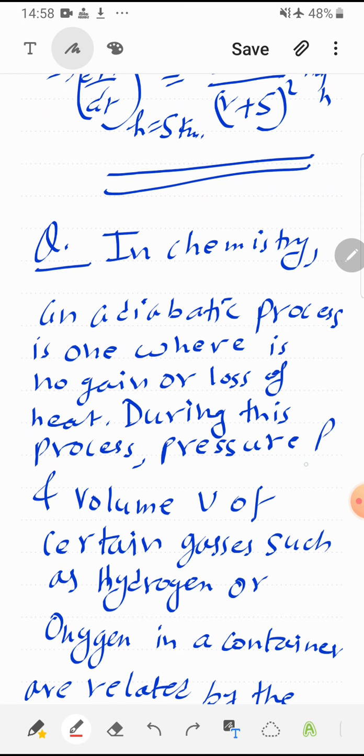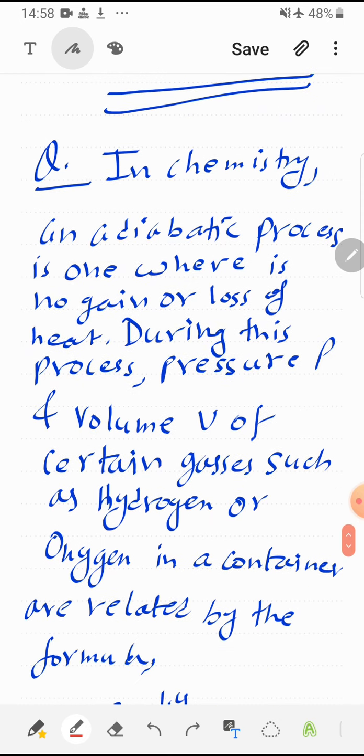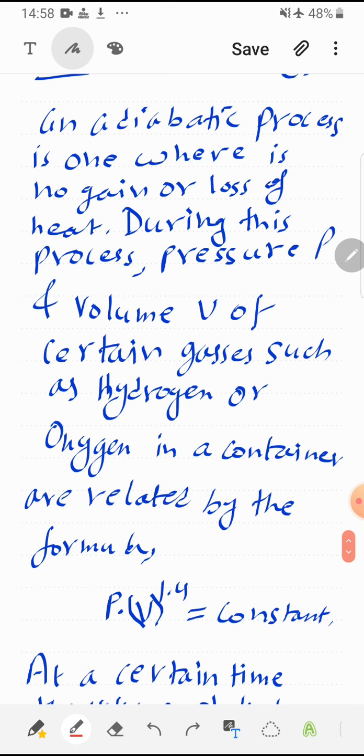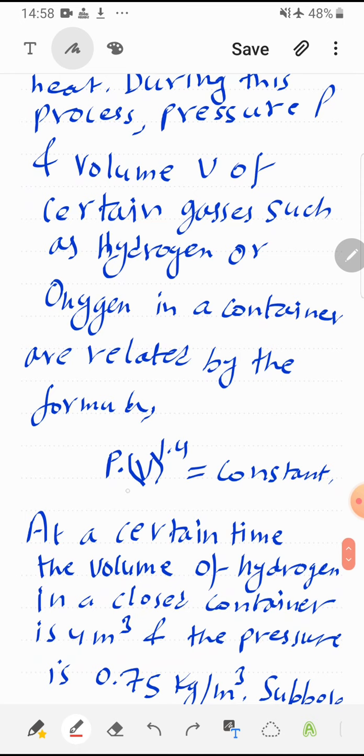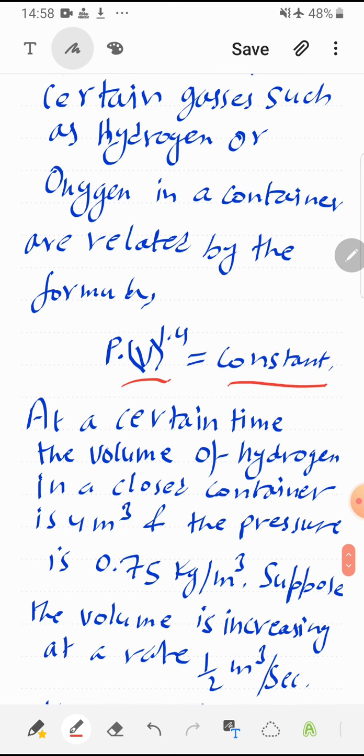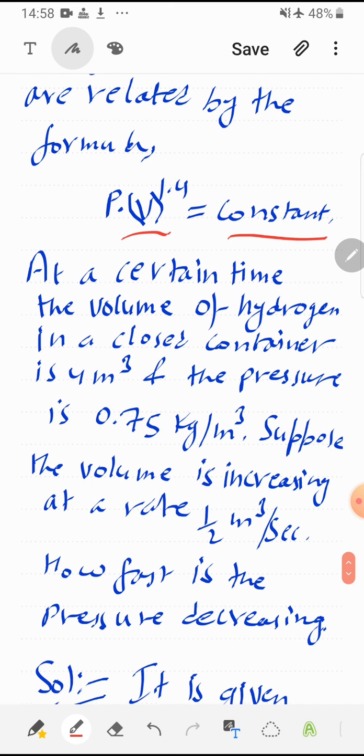So during this process, pressure P and volume V of certain gases such as hydrogen, oxygen in a container are related by the formula P into V raised to the power 1.4 is constant. At a certain time, the volume of the hydrogen in a closed container is 4 meter cube. Volume is given to us, and the pressure is 0.75 kilogram per meter cube. So these two things are given to us.